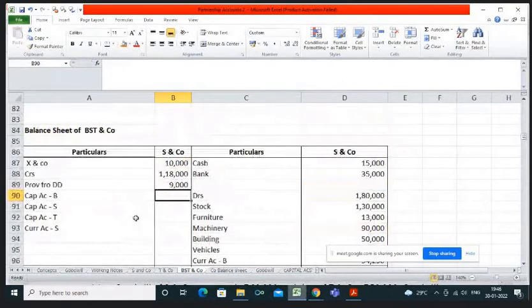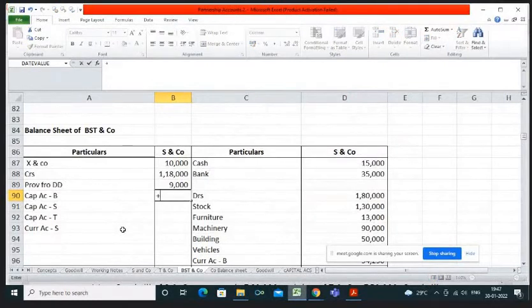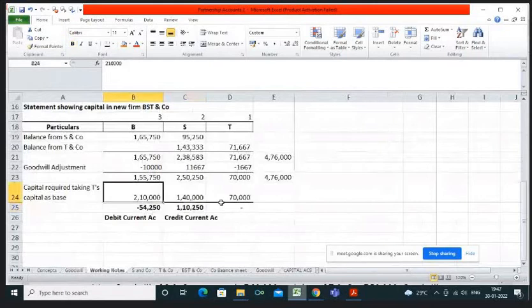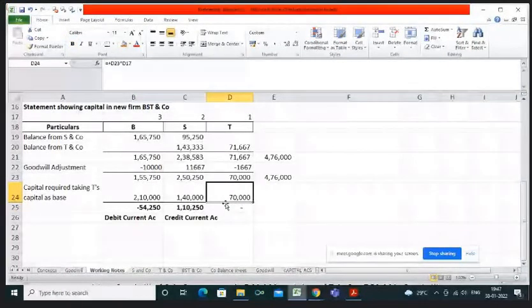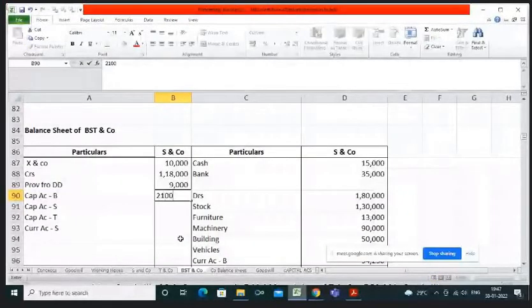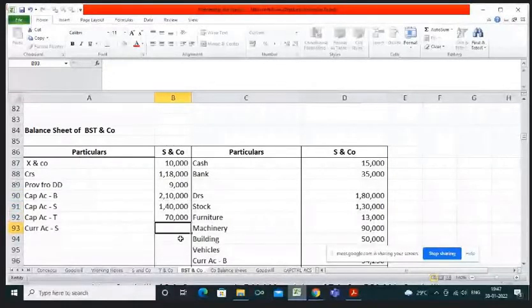Then we have the capital accounts of B, S and T. In the case of B, the capital account will be how much? We have worked out it should be 2,10,000. It should be 1,40,000 and 70,000. So it will be put in the same ratio because all those adjustments we have already done. So after the adjustments, it will be 2,10,000, 1,40,000 and 70,000.